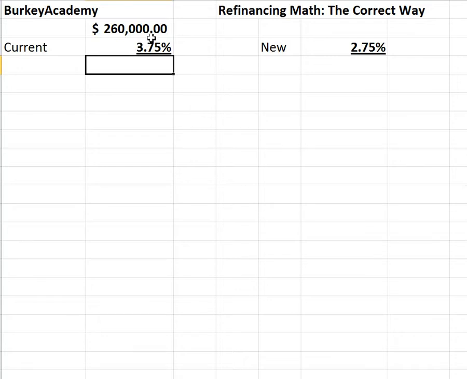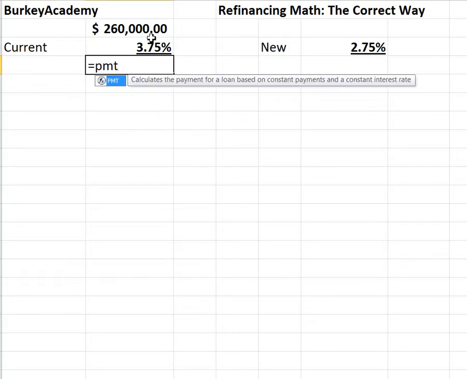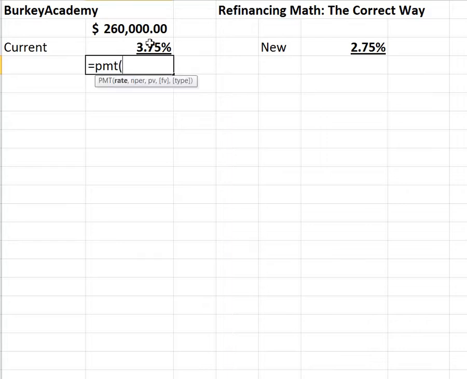I'm in Excel here. Let me show you how the formula works to calculate the payment for a mortgage in Excel. You type equals PMT for payment. The first thing it wants is the rate, and that's this 3.75%, but you have to adjust the rate because this is a yearly rate, and what you need is a monthly rate.